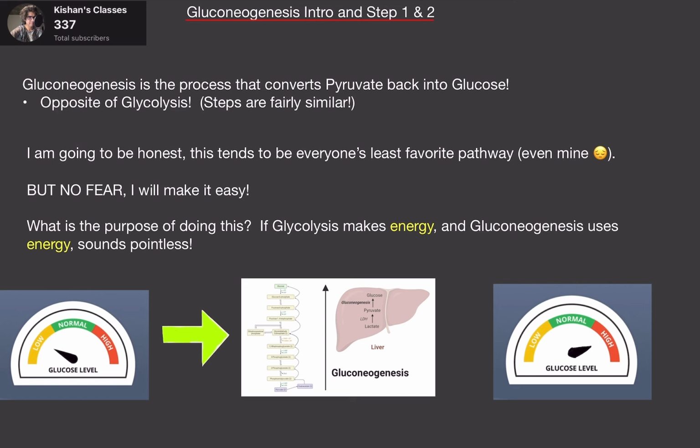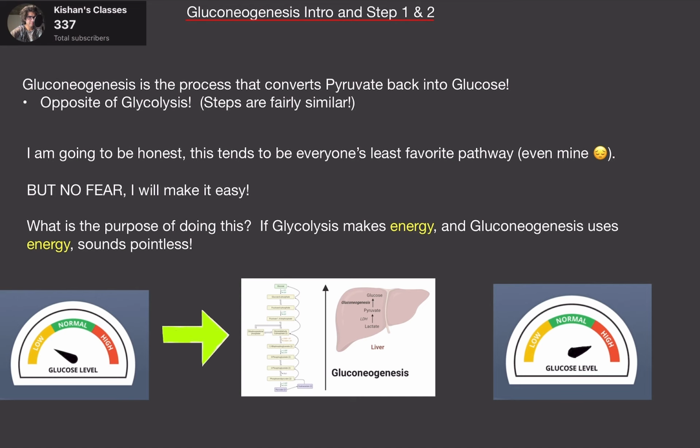This is why people who are tired can't really think as well. It's kind of like a brain fog. Think about it like that. When they're tired, they can't think straight. Well, it's usually due to low glucose levels. So we're going to produce glucose and shove it into the brain so we can actually start thinking clearly.